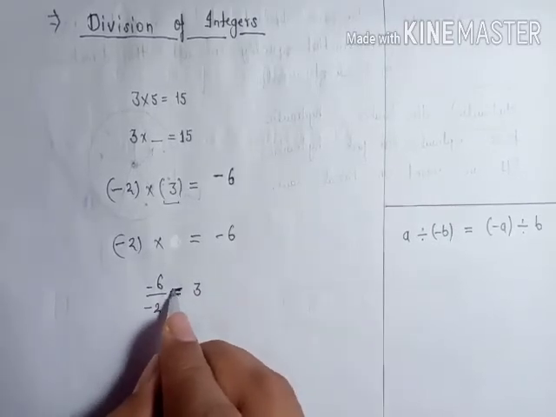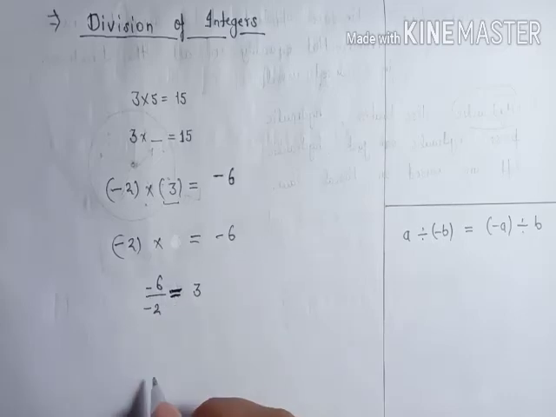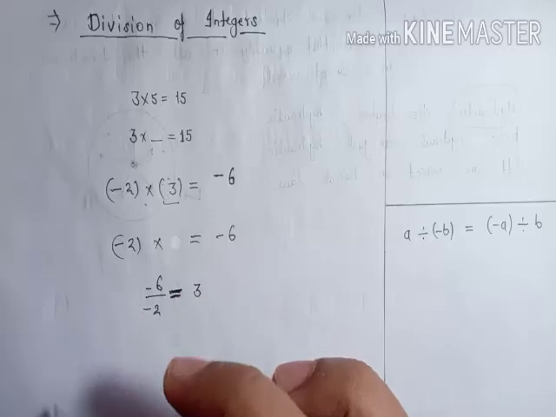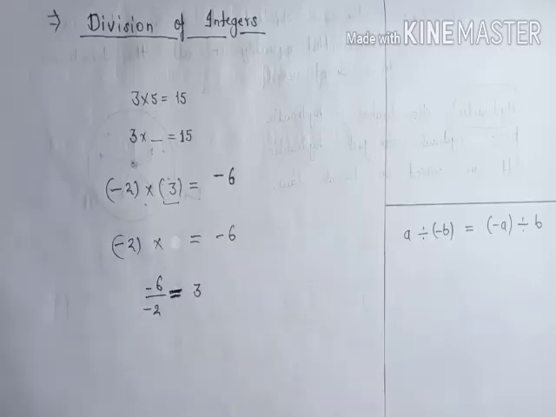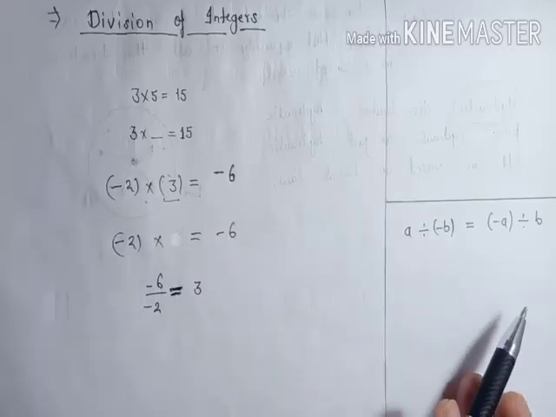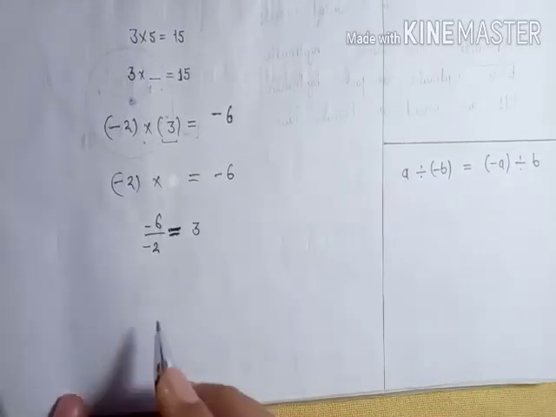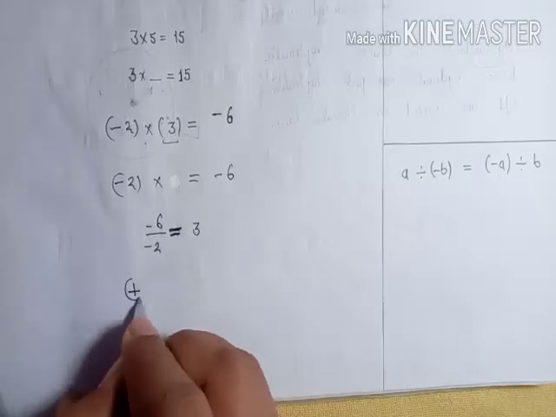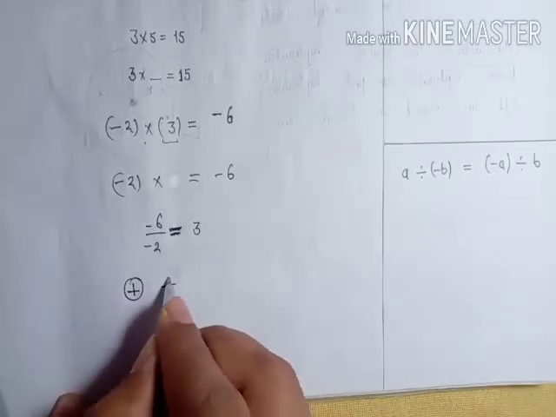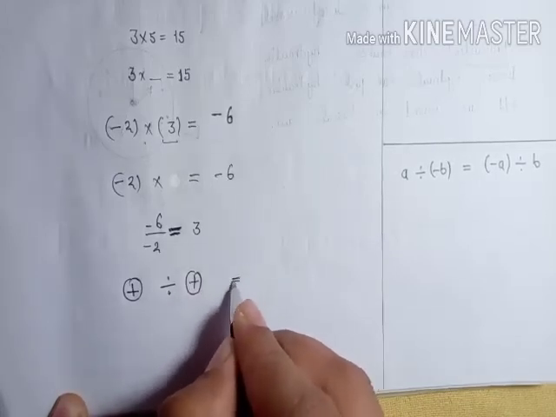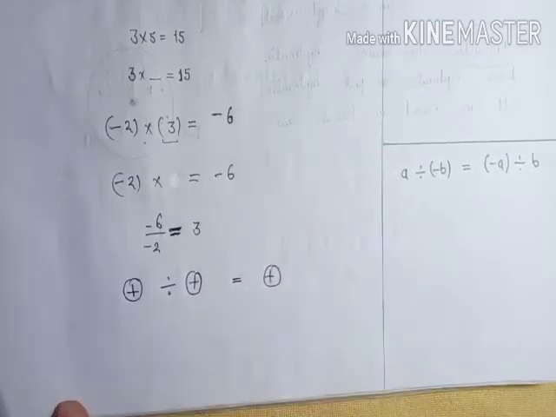So you can observe this property of multiplication and division of integers from the multiplication session, and now we will discuss the conclusion, what actually happened when we divide two positive integers. Our answer is positive, you know that.